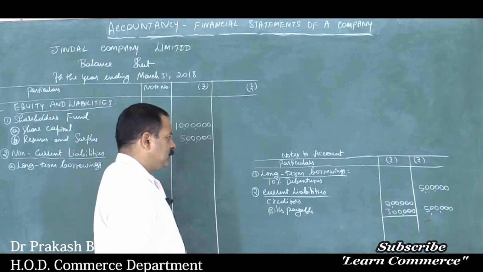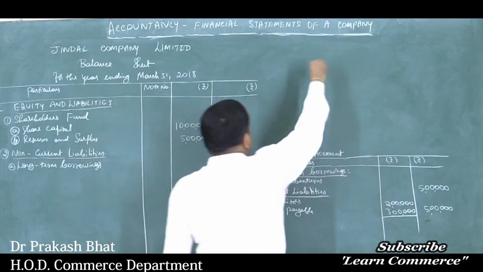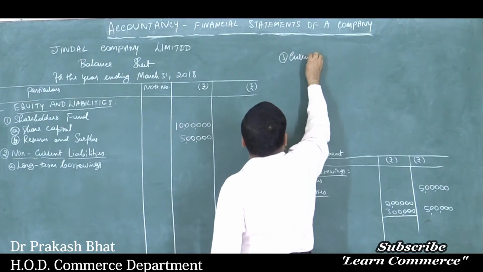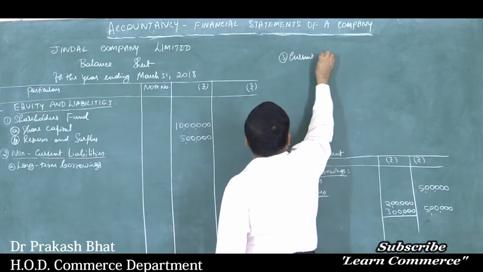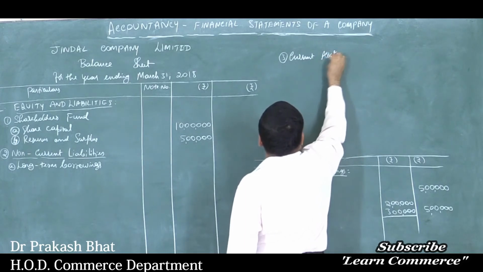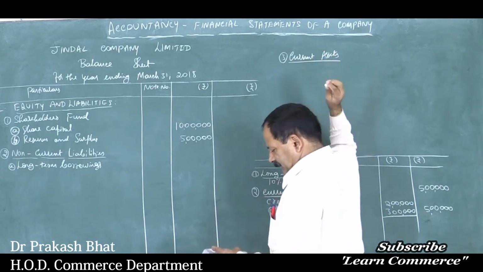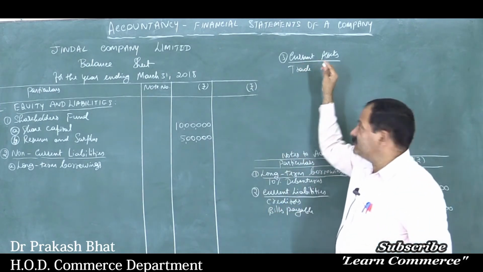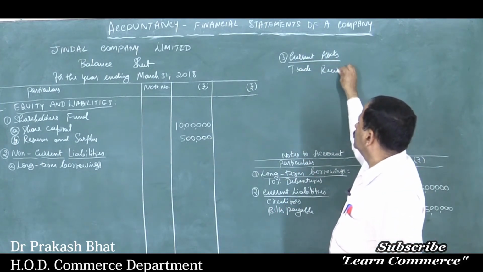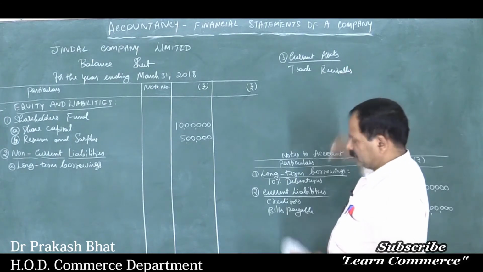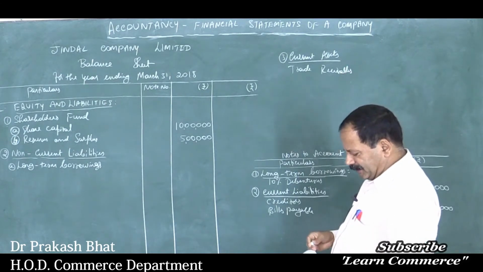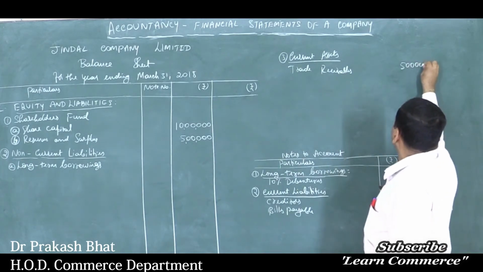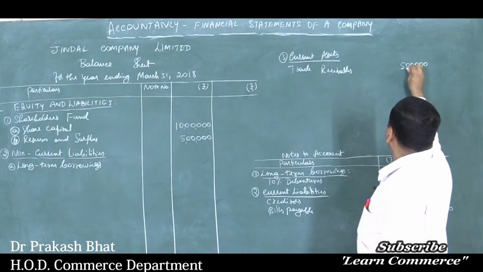Then current assets I will solve here. Third one, current assets. Under that, trade receivables. Only one item, so straight away enter in the outer column, 5 lakh.